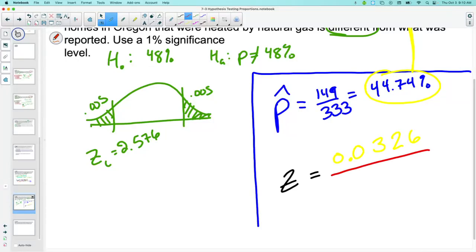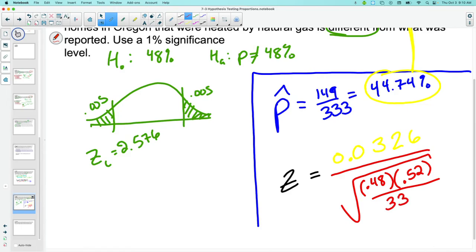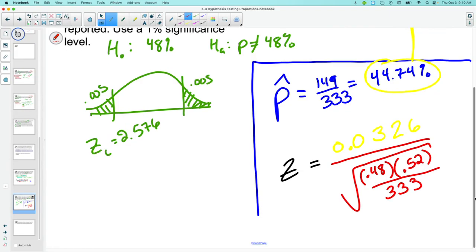Now we would divide by, just following through that formula that we have on the front. We have our percentage. I think it's 48% have natural gas, which means 52% do not. And in this one we asked 333 people. And then we would get our z-score. Plug it in and see what we got.